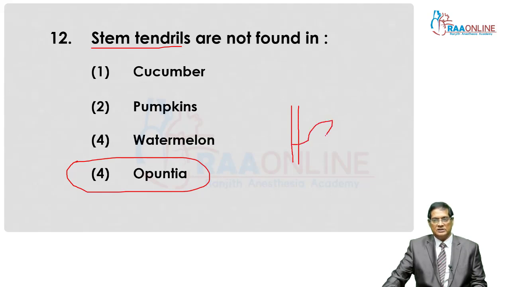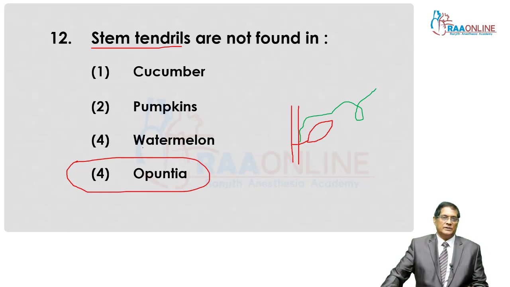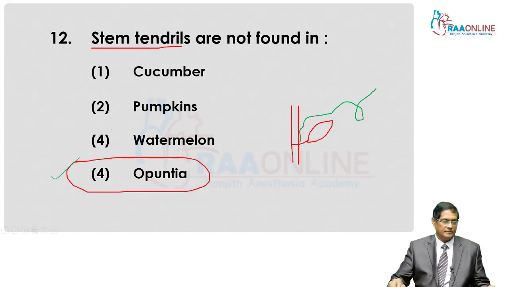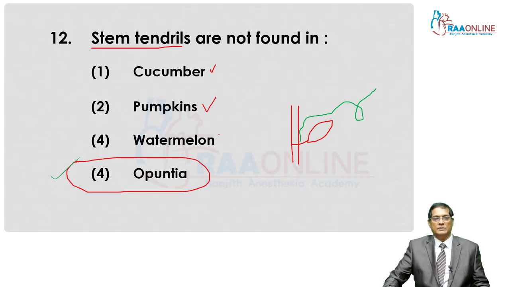From the node, this is leaf, and you see the axillary bud. The axillary bud gets modified into a fine fibrillar structure. This is tendril. If any part of a stem becomes a fine thread-like elongated structure, it is tendril. Tendril is seen in cucumber, pumpkin and watermelon, but they are not found in Opuntia.